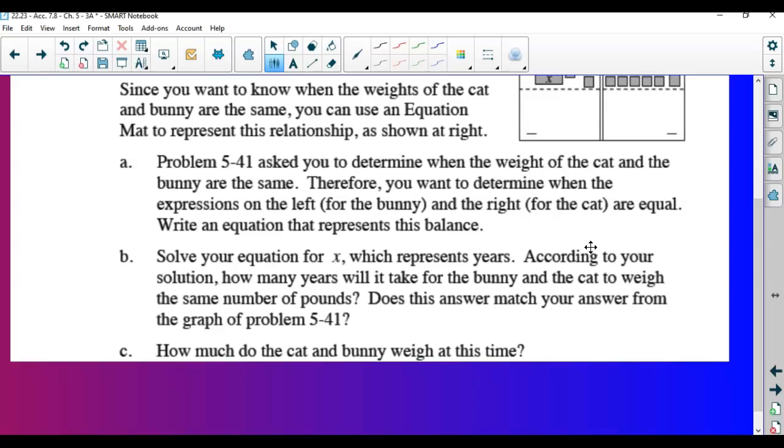So then, could we have made one of those tables for weight of cat, weight of bunny, weight of cat, weight of bunny? Could we have made one of those tables? That's what he did. Okay, but would it work? Yeah. It would work. So what you're saying is some strategies are better than others?